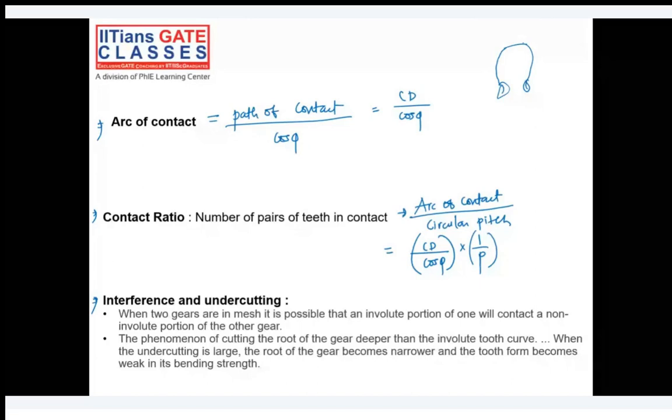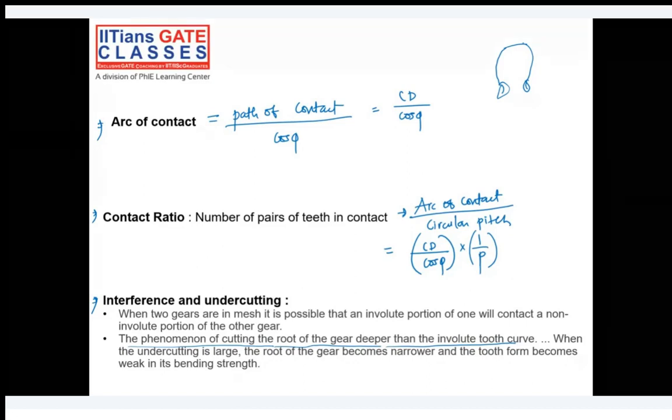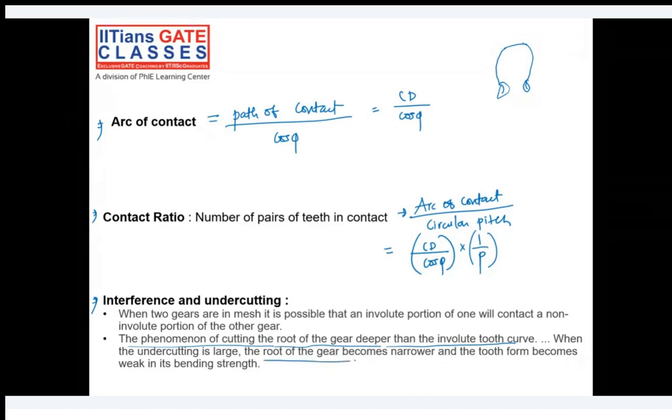Whenever you are making large undercutting, the root of the gear becomes narrower, and the tooth will become weak in bending, because the bending strength will start reducing if you make larger undercuts.